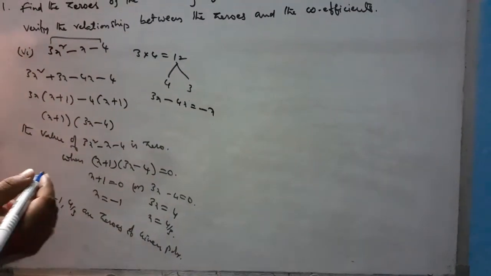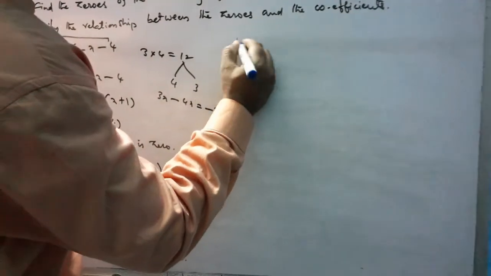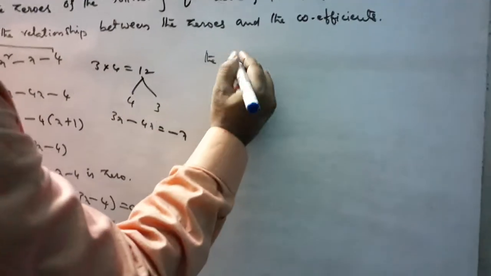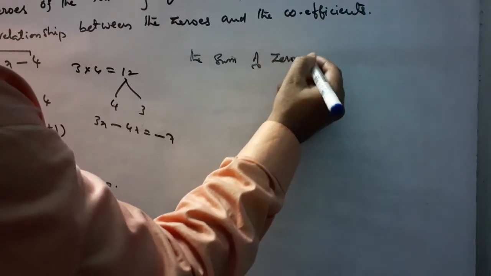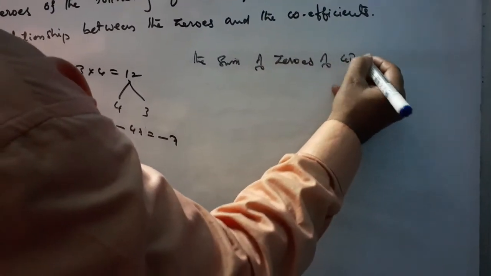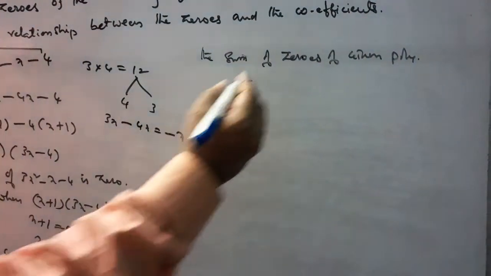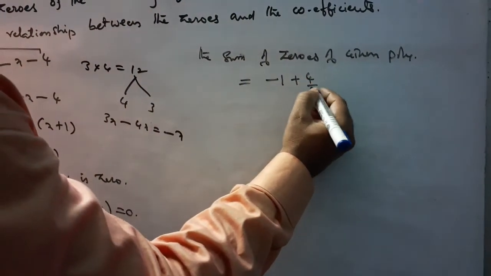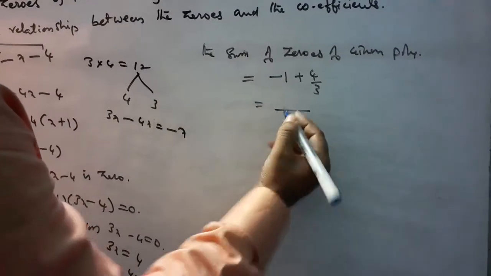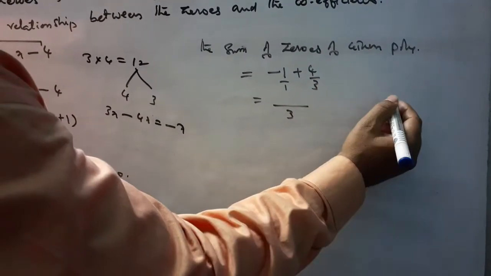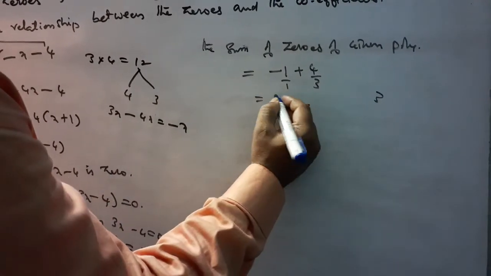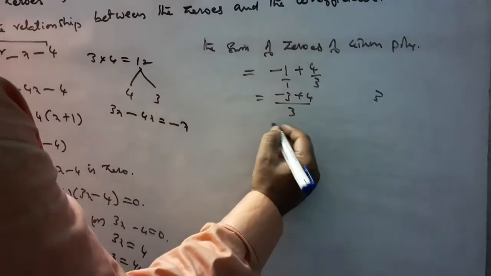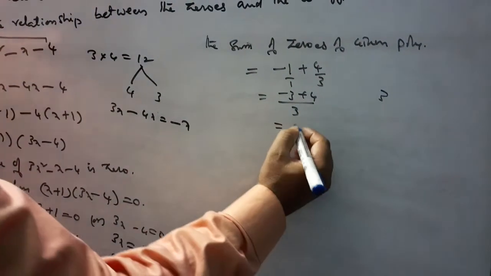So now I am taking the relation, the sum of zeros of the given polynomial. So that is equal to minus 1 plus 4 by 3. So here the LCM is 3. We will get 3 times minus 1, minus 3 plus 4, we will get 1 by 3.